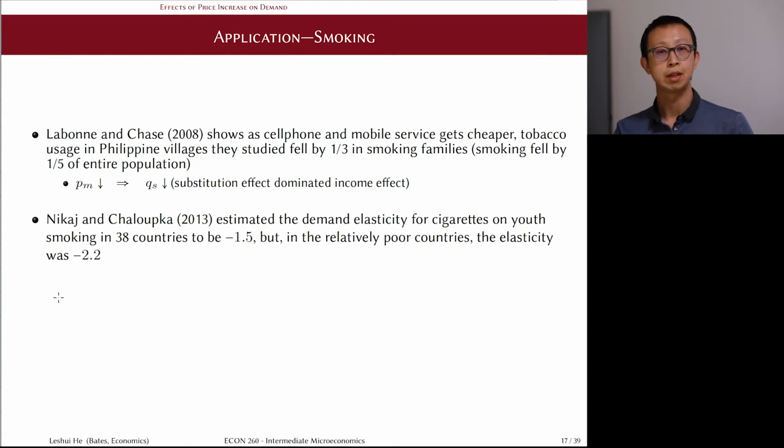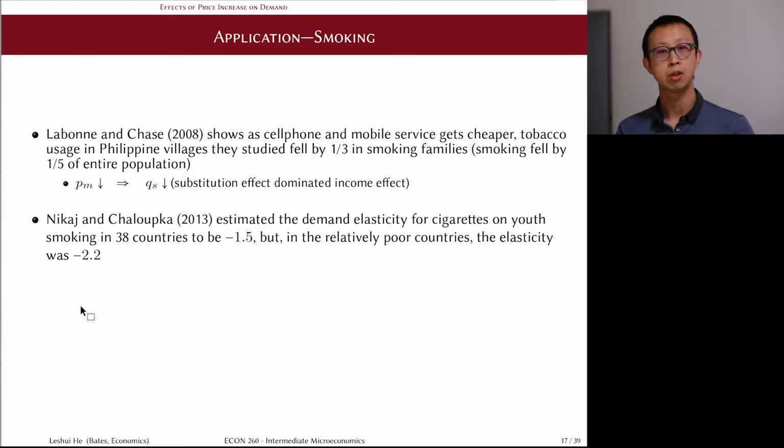But why is the effect on demand stronger in poorer countries? One explanation in our framework is that the same amount of price hike in the price of cigarettes leads to a more sizable impact on the purchasing power of the consumers in poorer countries. For example, an extra $10 expense on cigarettes each month may not be a big deal for the average consumer in the United States.